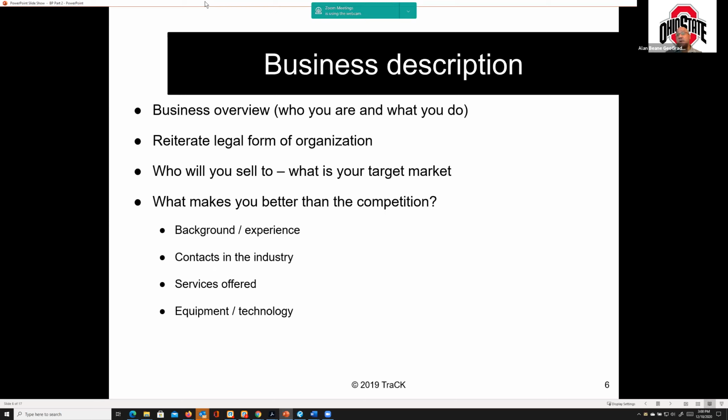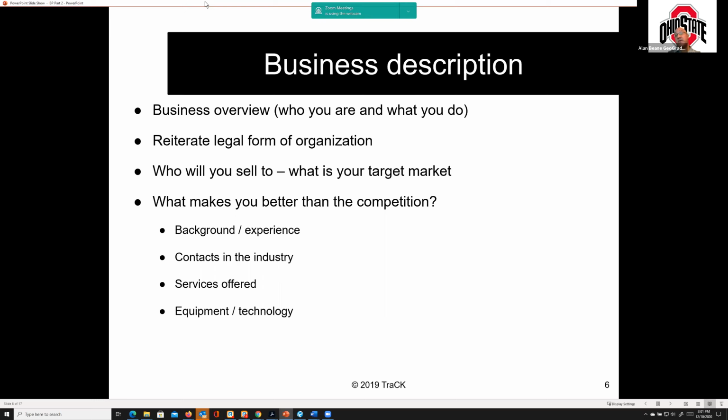The services you offer. I mentioned structural engineering. You could maybe do environmental engineering or surveying, transportation engineering. There's a lot of different things that you could provide on the consulting side. Architecture. Perhaps you might be into the technology aspects of the business. So you want to list your services offered. And then again, any equipment or technology or software or anything that is going to set you apart from your competition. Is it an innovative way that you're doing things?